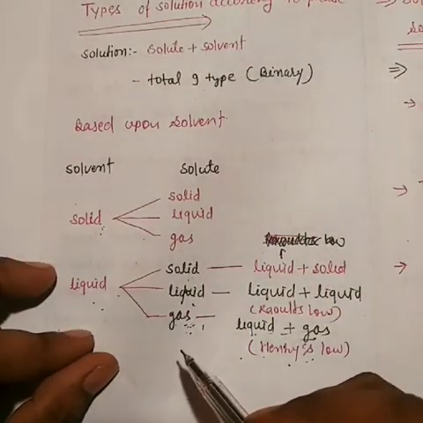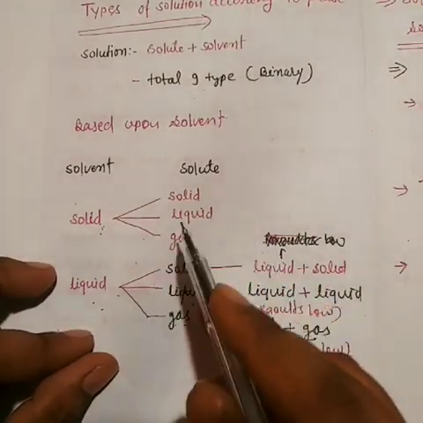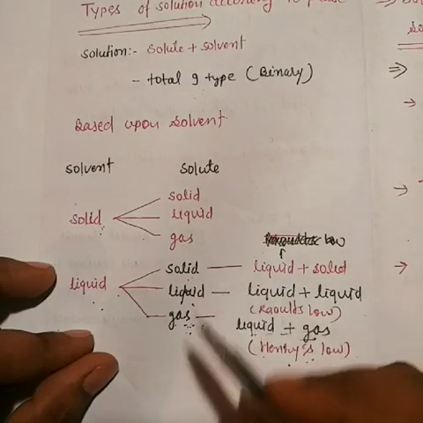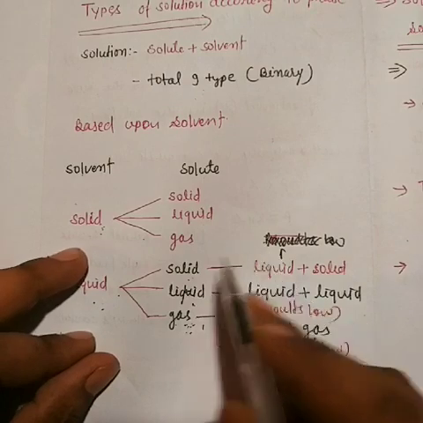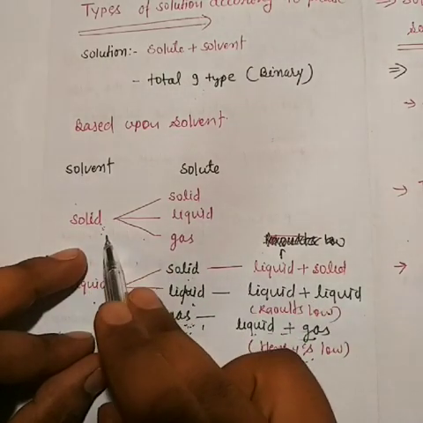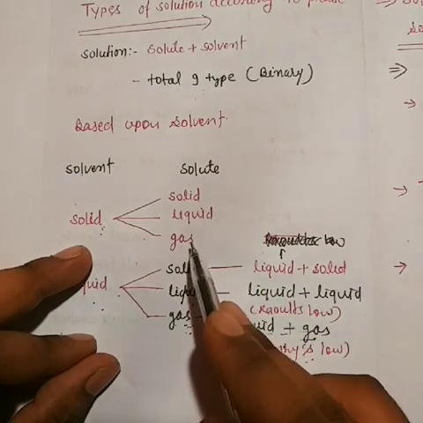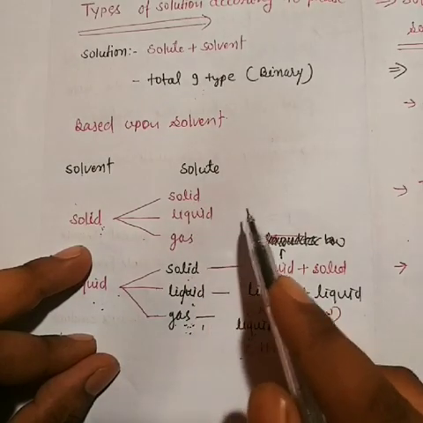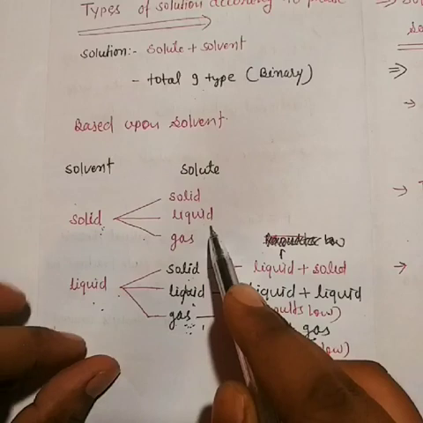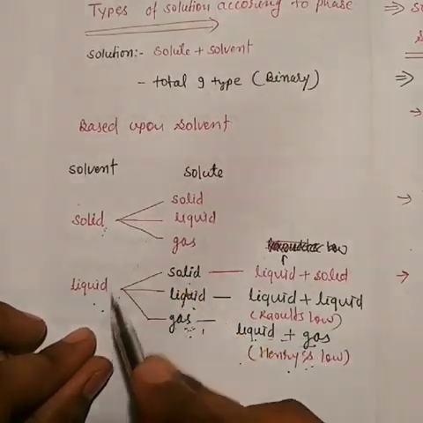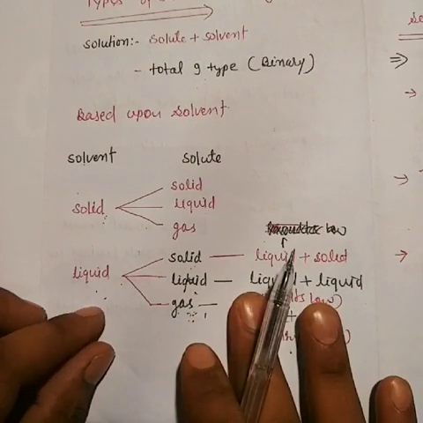Now, whatever we wrote here, only some of it we need. Whenever we take a solid solvent, the solute can be solid, liquid, or gas, so we don't need this segment. Then I come to liquid as the solvent form.